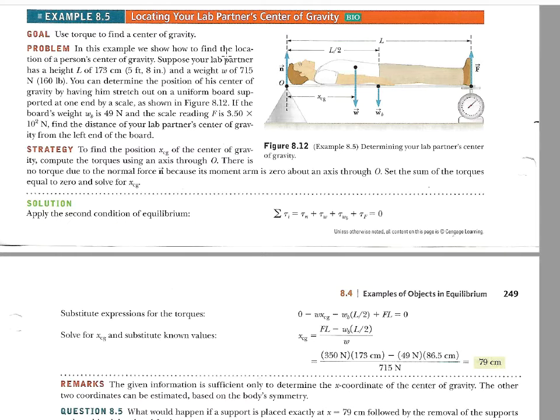In this example, we show how to find the location of a person's center of gravity. Suppose your lab partner has a height L of 173 centimeters and a weight of 715 newtons.